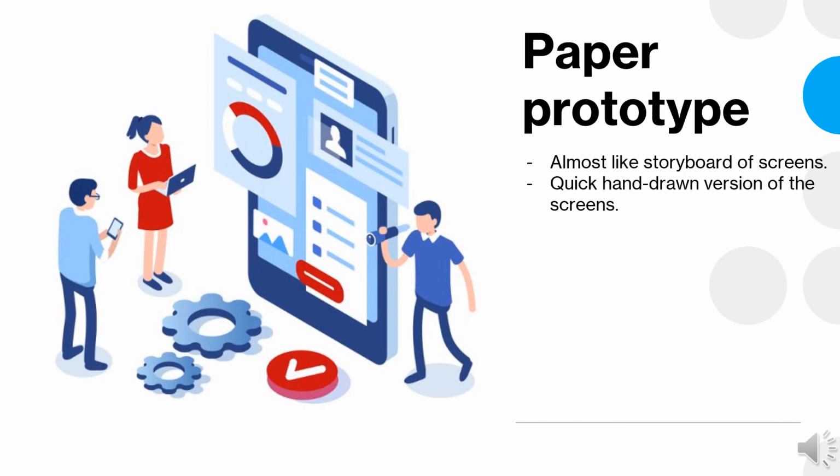So what happens is you do a very quick hand-drawn version, and we want to visualize the idea, show them very quickly how the screens are going to work, what is going to be in the application, how it's going to progress from screen 1 to screen 2, and then you show that to the end users, and they give you feedback, and then you refine it. The benefit of using a paper prototype is that it's cheap and quick to make.